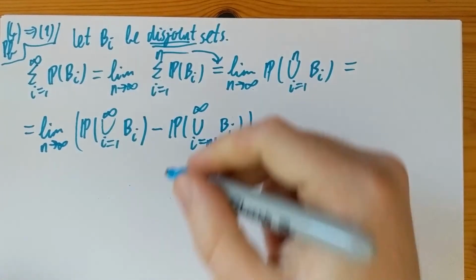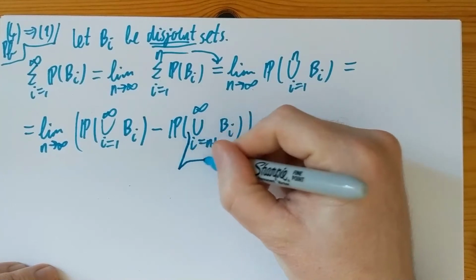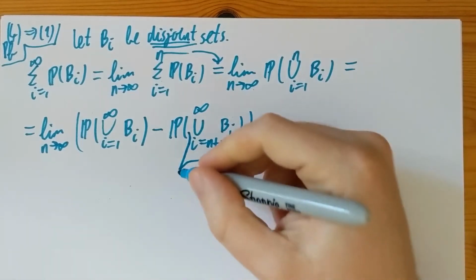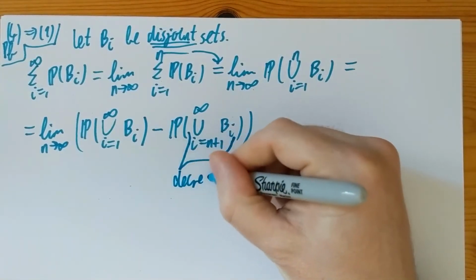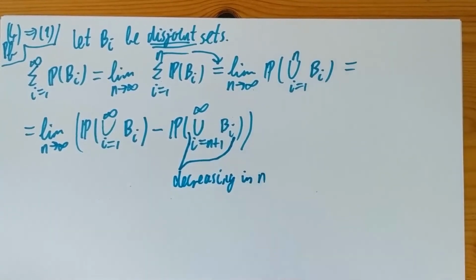And now what I want to claim is that this set here, this union from n plus 1 to infinity, as a set, is decreasing of course in n, because I'm taking the union of less and less things.